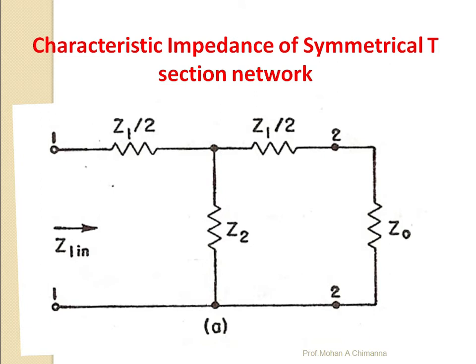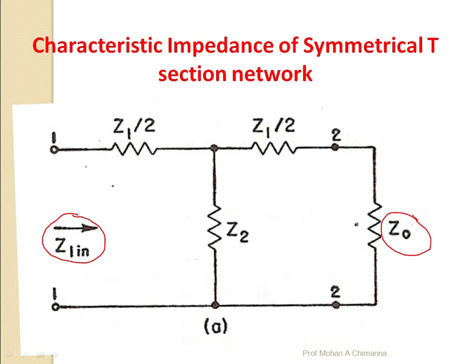So while we design any type of filter, there are two important parameters. The first important parameter is the input impedance, and the second is the characteristic impedance. These are the important parameters while we design any type of filter circuit.